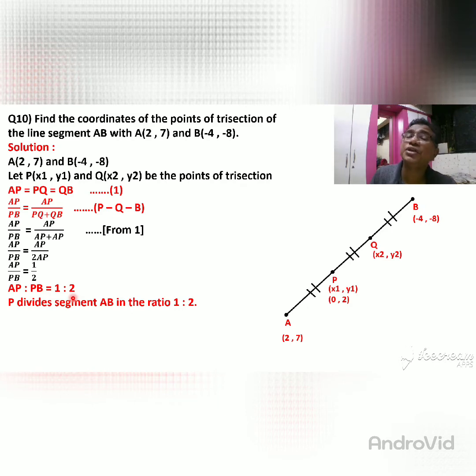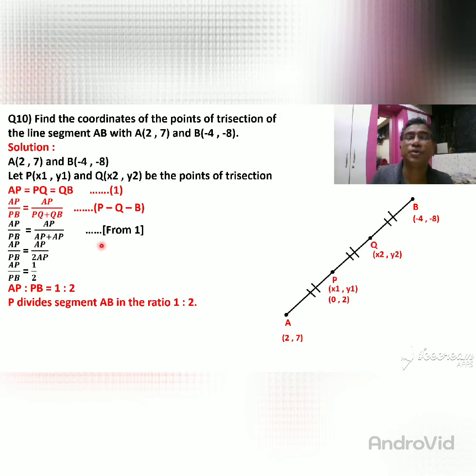Then what is the section formula? So section formula x is equal to, we are using mx2. So see, this is the mx2. What is given here? See, x2 is minus 4, and this is the x1, 2. Divided by m plus n.